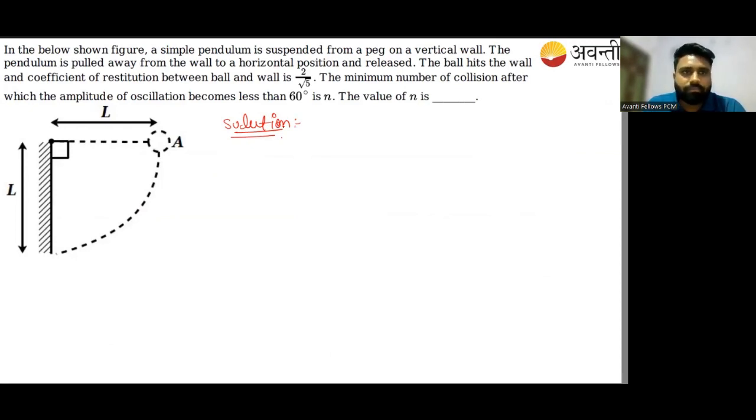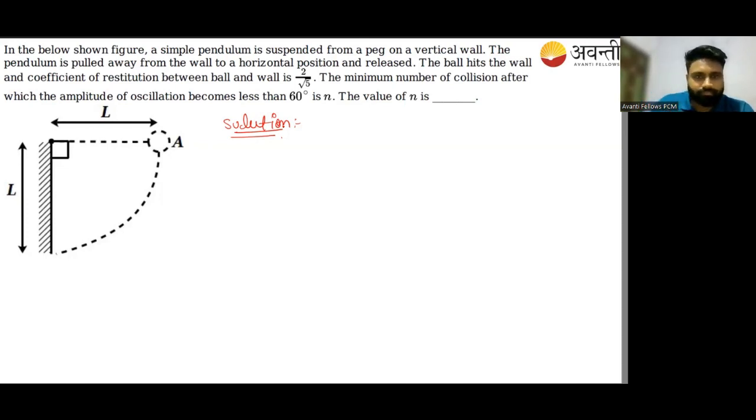The pendulum is pulled away from the wall to a horizontal position and released. The ball hits the wall and the coefficient of restitution between ball and wall is 2 by root 5. So the collision is taking place with a coefficient of restitution 2 by root 5. Find the minimum number of collisions after which the amplitude of the oscillation becomes less than 60 degrees. So we will calculate it for 60 degrees. After that, it will become less than 60 degrees.